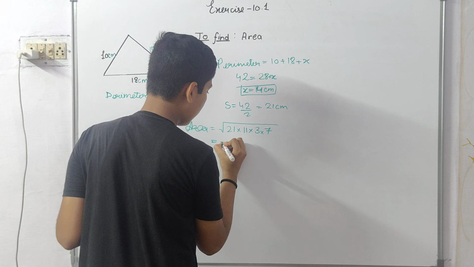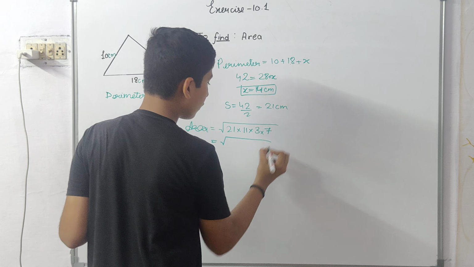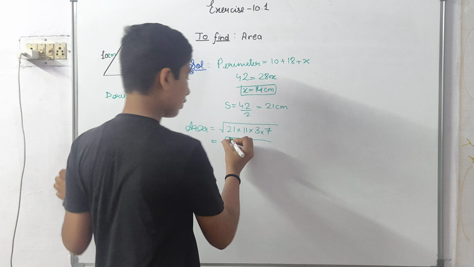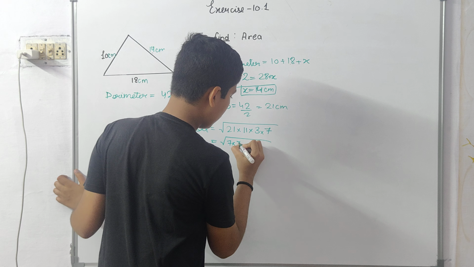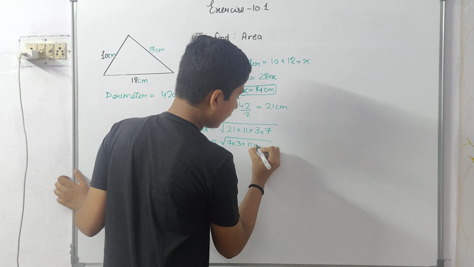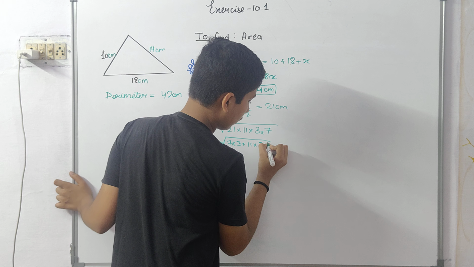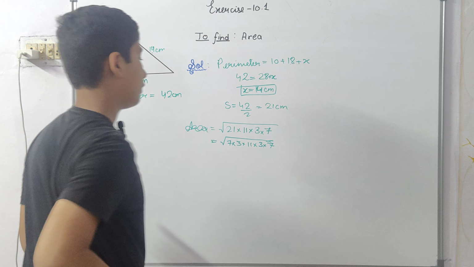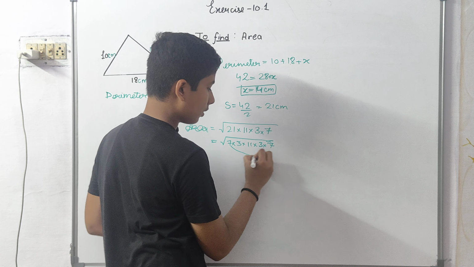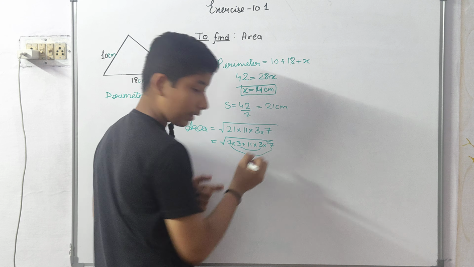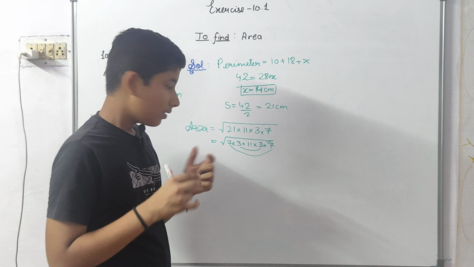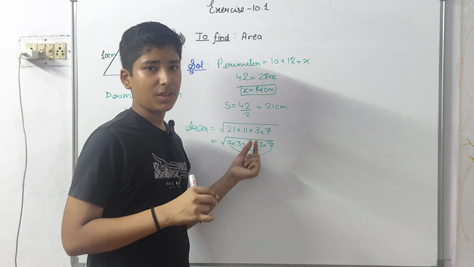So we can write it as 21, which can be written as 7 into 3. 7 into 3 into 11 into 3 will come as it is, and 7 also as it is. So let's make pairs. 7, 7 and 3, 3 make a pair. But this 11 is left alone.